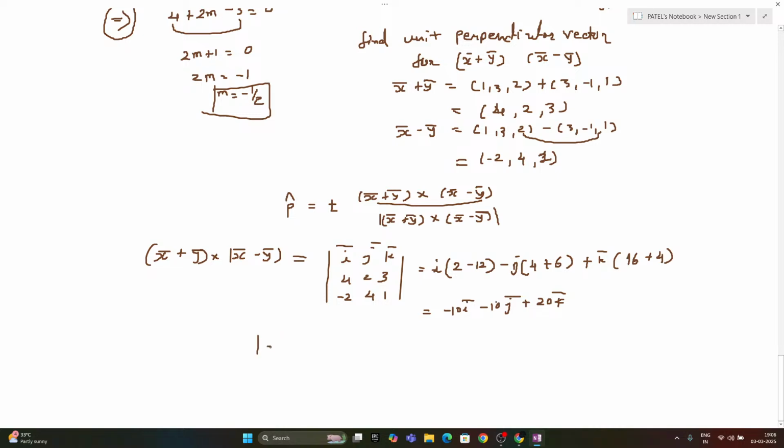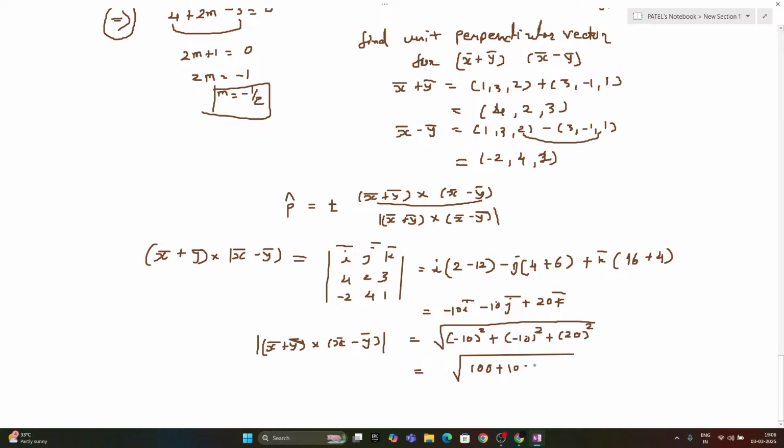Now we have to find the modulus of x plus y cross x minus y. So minus 10 square, minus 10 square, plus 20 square. 100 plus 100 plus 400, it is 600.